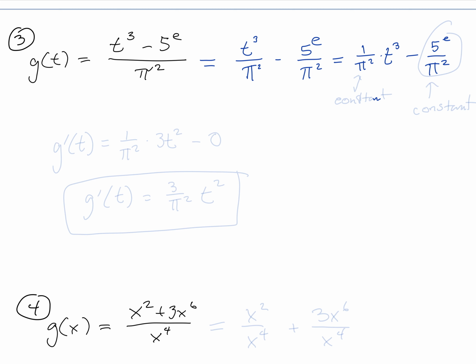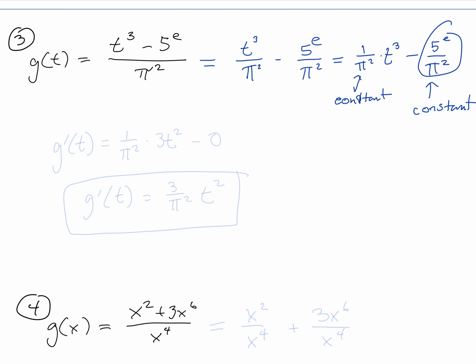So e, pi, 5, those are all just constants. So this whole thing is a constant. And this is just 1 over pi squared, also a constant.